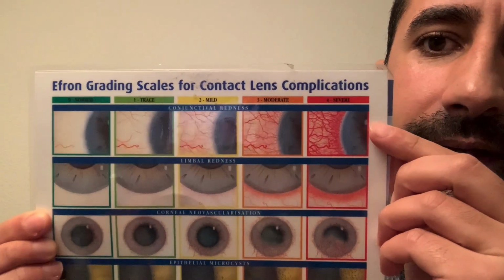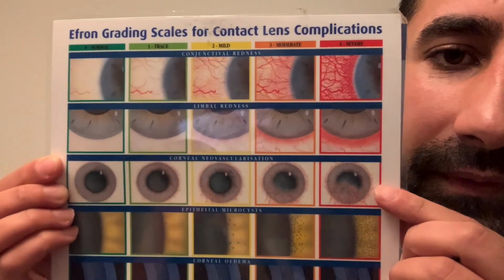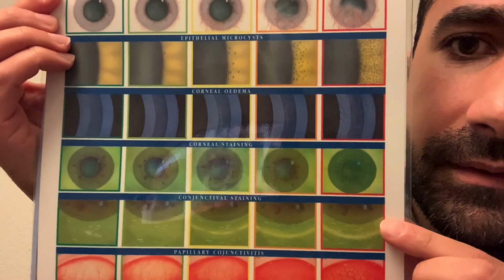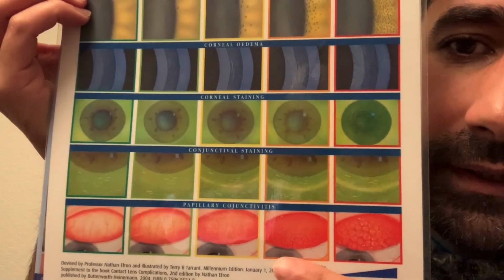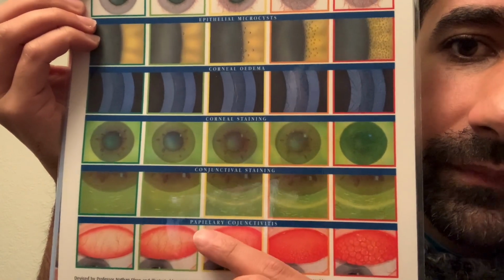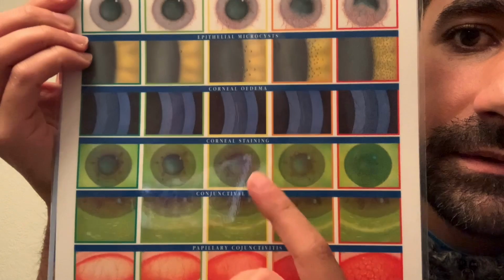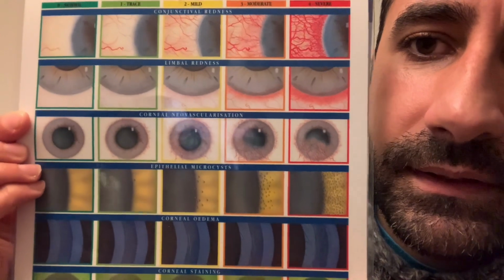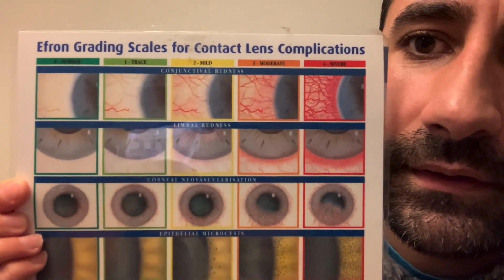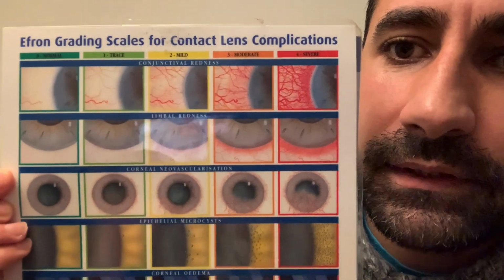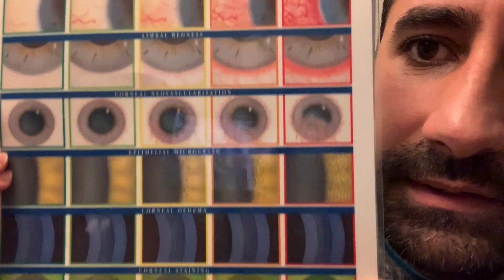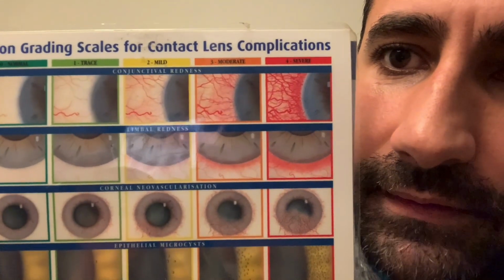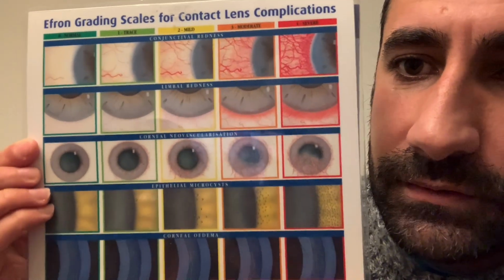As you can see, we have different assessment areas for checking various things from papillary conjunctivitis, corneal staining, and corneal neovascularization, conjunctival redness, and as you can see, the images have been artistically created by Nathan Efron, and this is also double-sided.